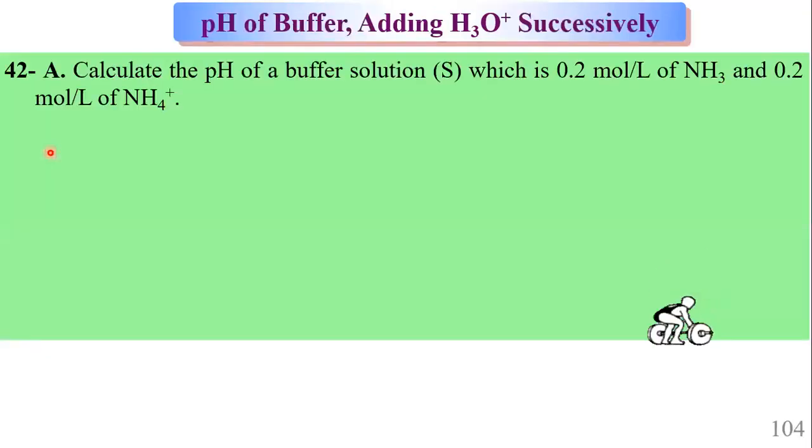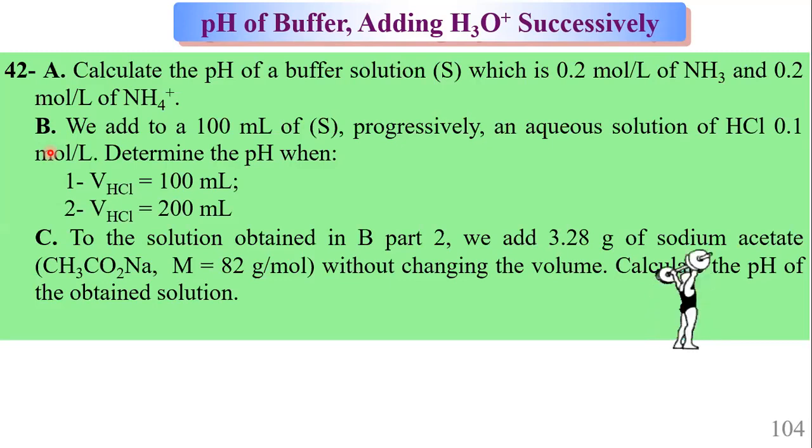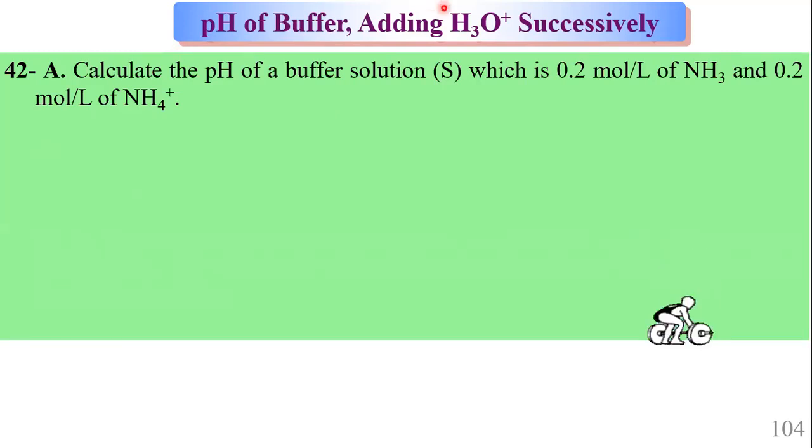All right, now number 42 is again a three-part question, and we have a buffer, first of all, and this buffer is 0.2 mole of ammonia with 0.2 mole of the ammonium ion. So this is a weak base with its conjugate acid, okay?